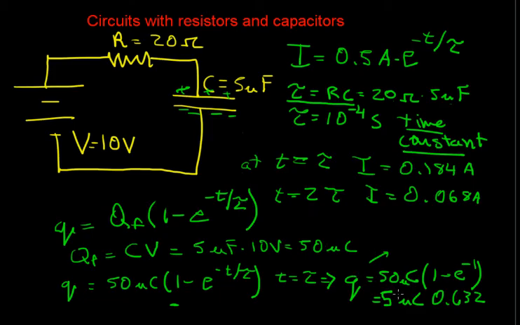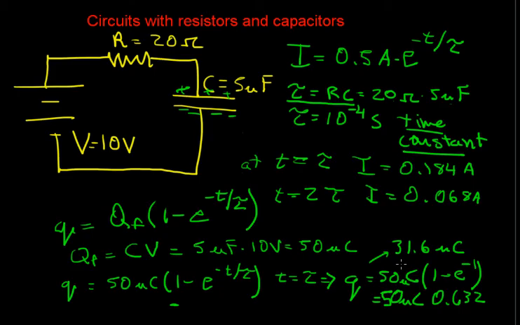Sorry, this is a 50 down here, right? And so it's 50 times 0.632, which is about 31.6 microcoulombs.